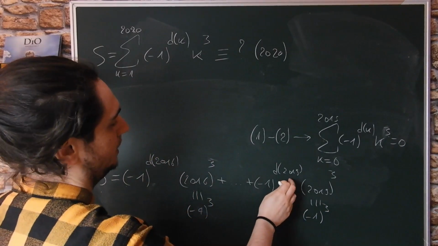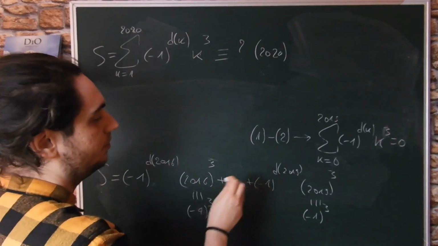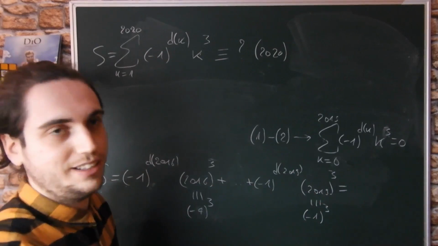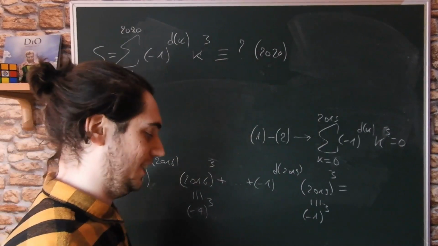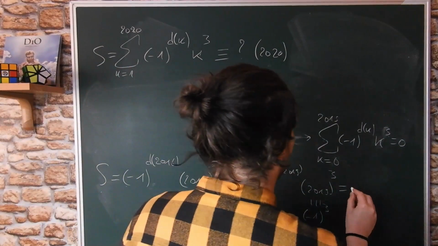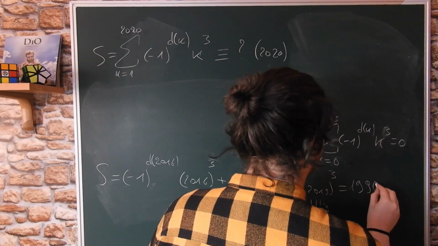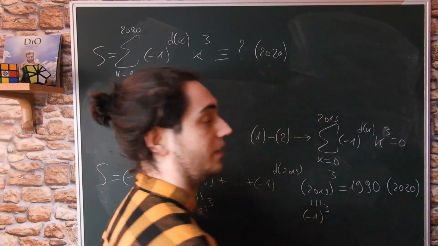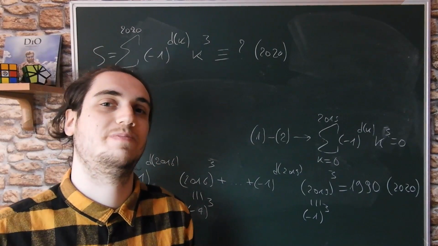We can compute explicitly for the fourth number the value of d, and you can check it by a very simple computation. I have already the result written here, it is exactly 1990 modulo 2020. And this is the answer to the B1 question from Putnam.